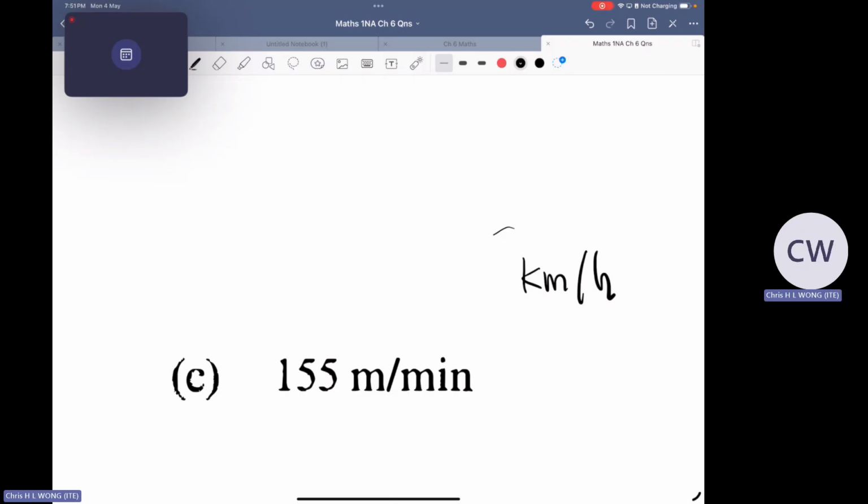So I look at this, it means hour. So this one I will have to take 155 divided by 1000, right? This one will be minute to hour, which is 1 over 60. So 155 divided by 1000 divided by 1 over 60, and just flip over.